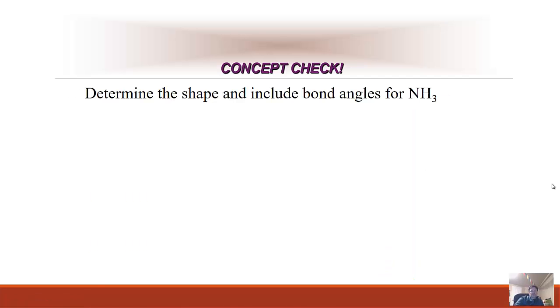Okay, another one here. Determine the shape for ammonia, NH3. I think we saw this one earlier, but see if you can draw the Lewis structure for this again and determine the bond angles and the name for it. Okay, so 4 domains once again, just like water, but we have 3 bonded pairs and 1 lone pair. So we were at tetrahedral, right?